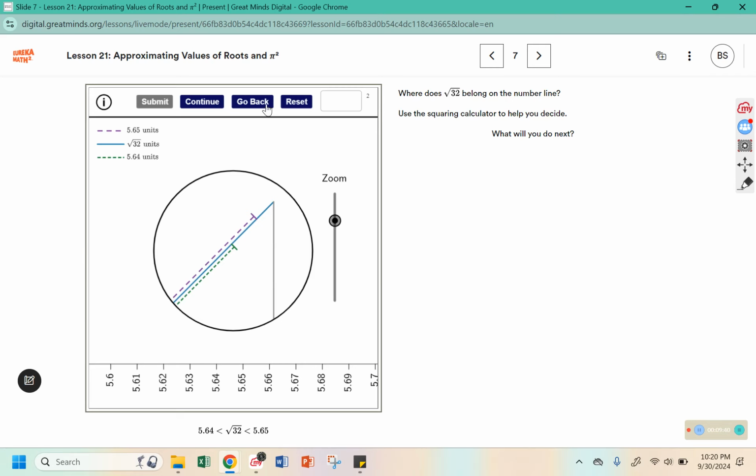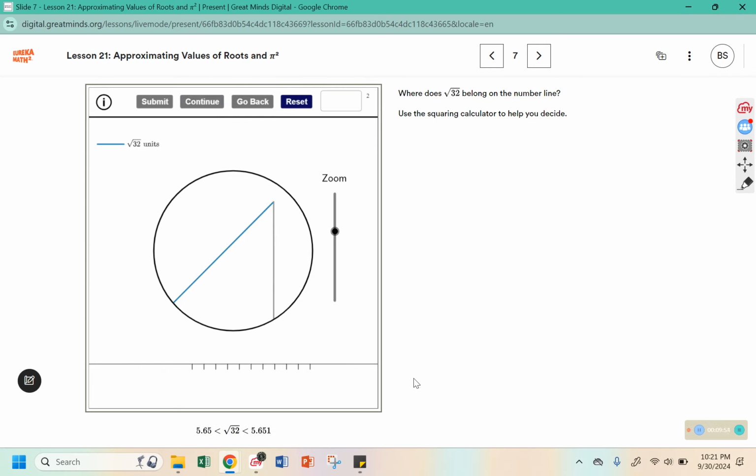These are both too short, so I need to adjust higher. And then I have one that's too short and one that's too long, so I can keep going. Zooming in.